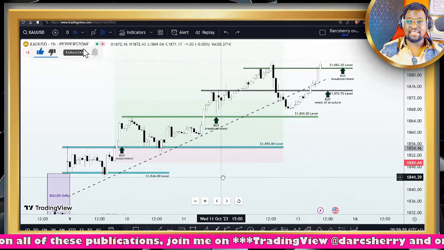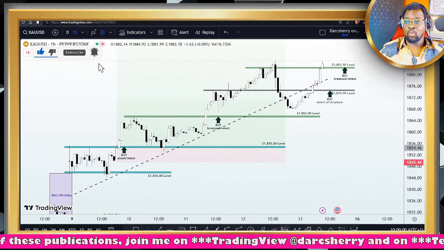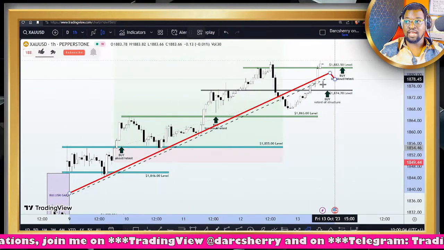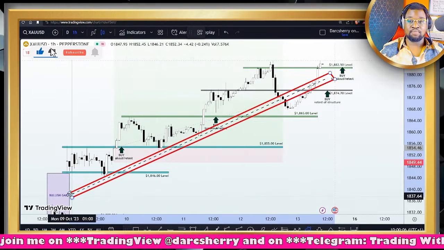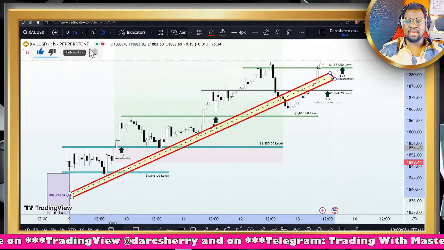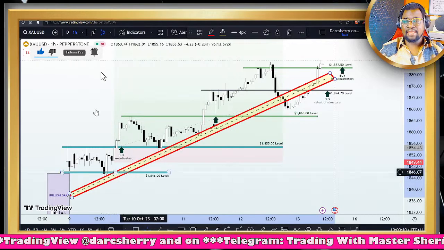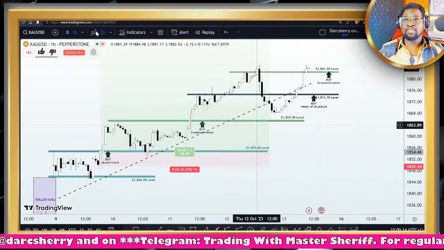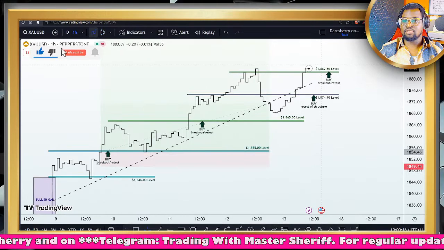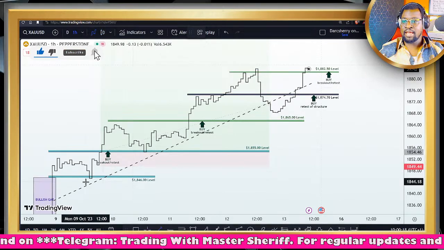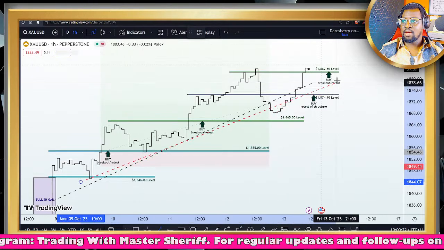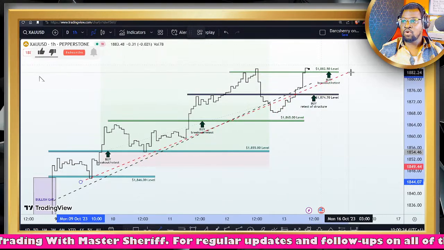And remember that at the beginning of the week we had this ascending trend line spotted, which of course has been supporting that bullish momentum since the beginning of this week. Now, with the way things are going right now, I'm of the opinion that there are some changes in that ascending trend. Let me look at it closely. So if we pick this low here and then let's see what we have.